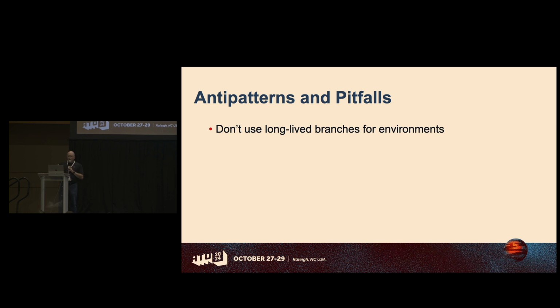You might think initially this would be a really good idea, but it becomes very difficult to move configuration between environments, because you may have one team that pushes something into the dev branch and another team pushes something, and you want only one of those to go to staging. It's really difficult to pick all those out, and you're going to miss something and break something. So don't do that.